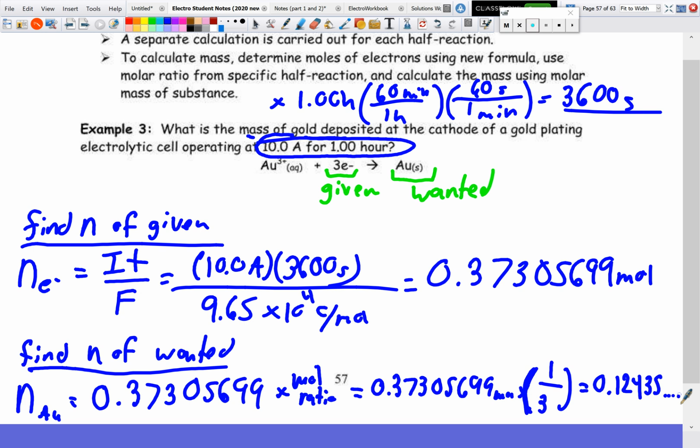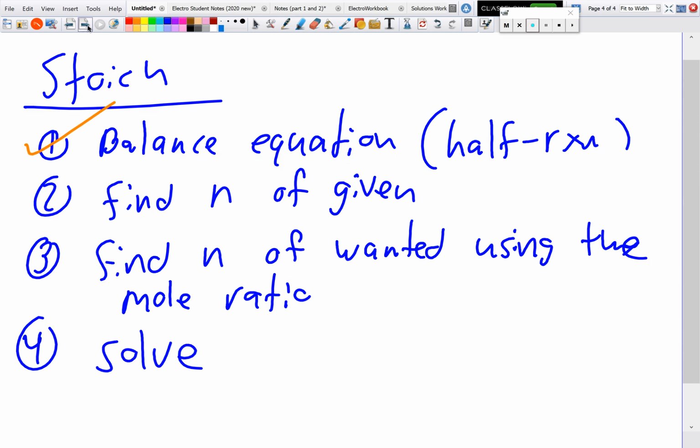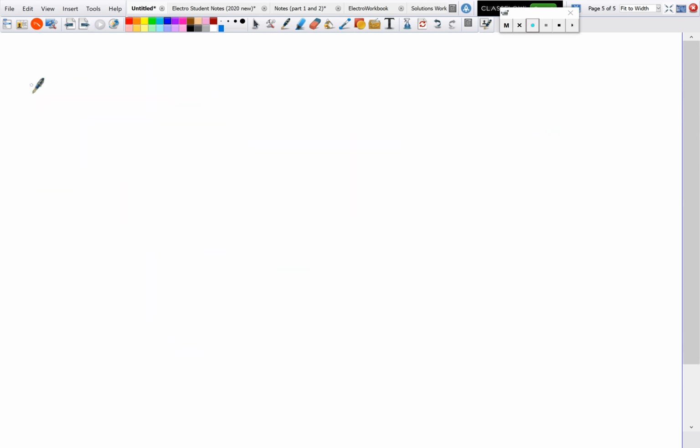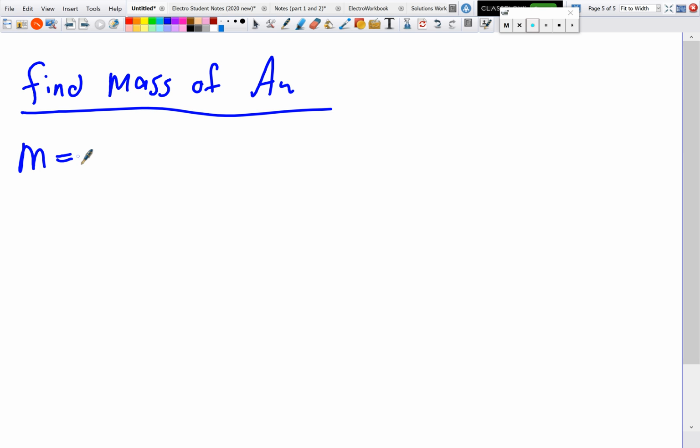So, step 1, done. Step 2, done. Step 3, done. Now it's the last one, find the mass, so we solve the question. Because I ran out of room, I'm going to go over to this one right here and finally solve. Find the mass of gold. How do we find mass? Mass is equal to the number of moles times our molar mass.